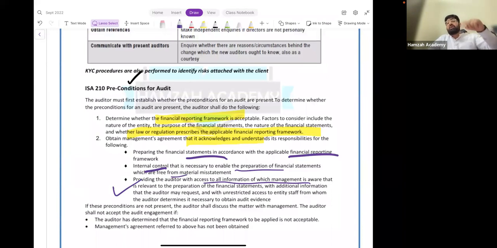So these three responsibilities of management, they need to acknowledge. If they do not provide me access, how can I audit? If they do not accept the responsibility for financial statements and control, how can I audit? So if any one of these preconditions is not present, we cannot audit the company. So, preconditions for audit.